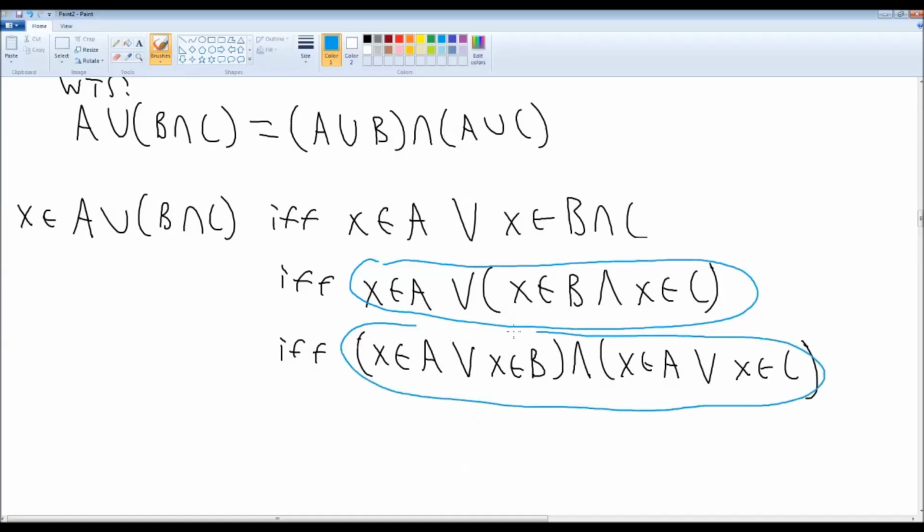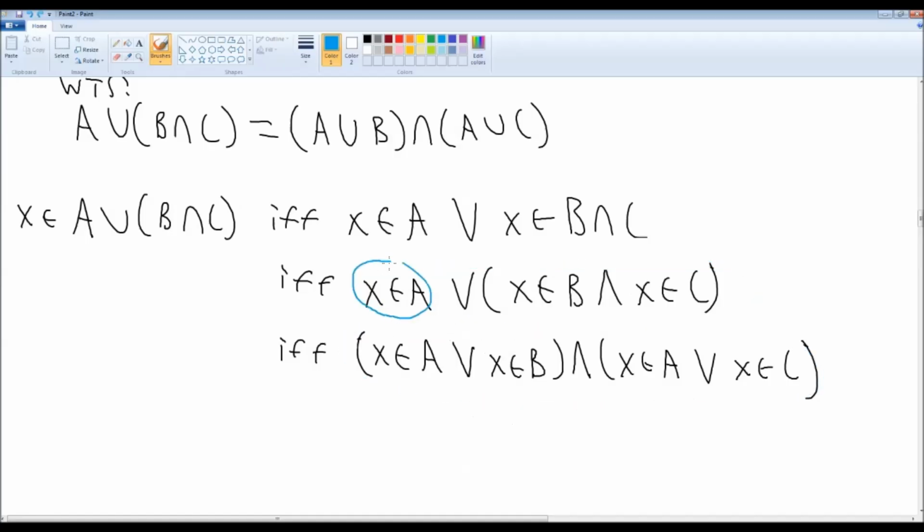Okay, well, here's the thing. This X is an element of A part has to either be true or it has to be false. If this is true, then our whole or statement is true or whatever, which simplifies to true.